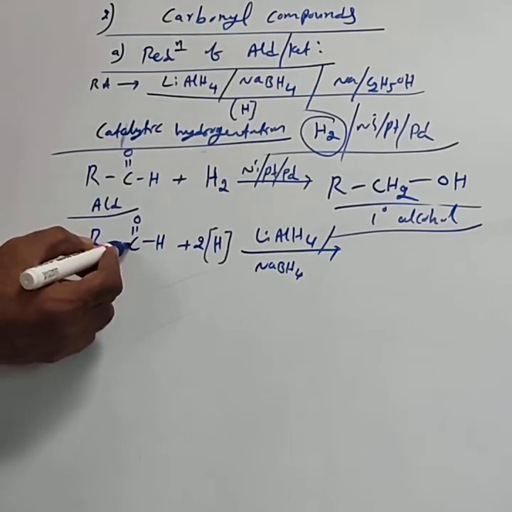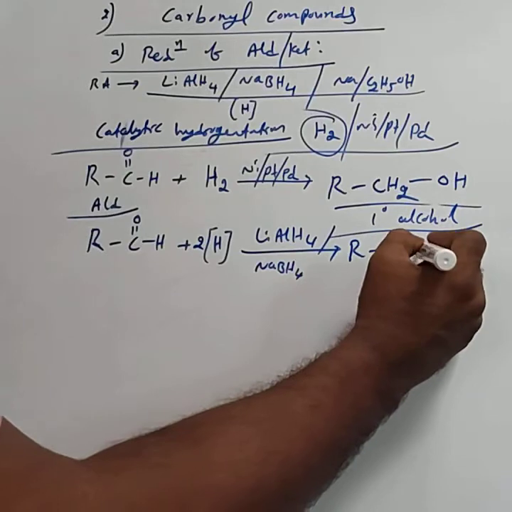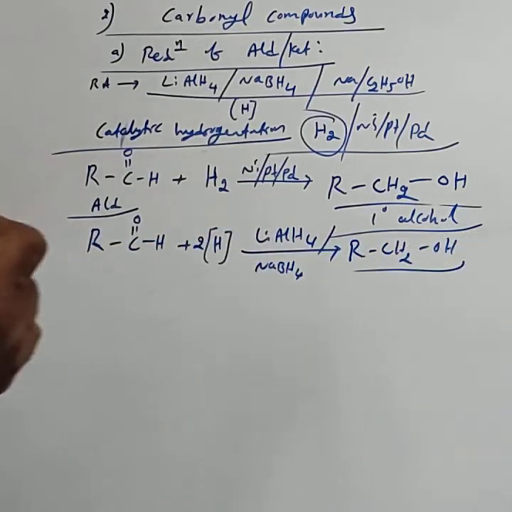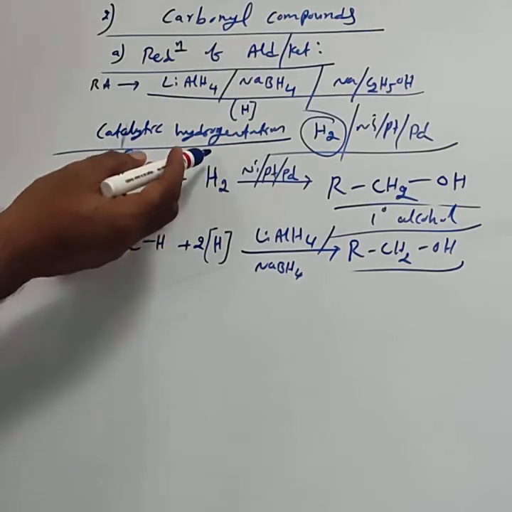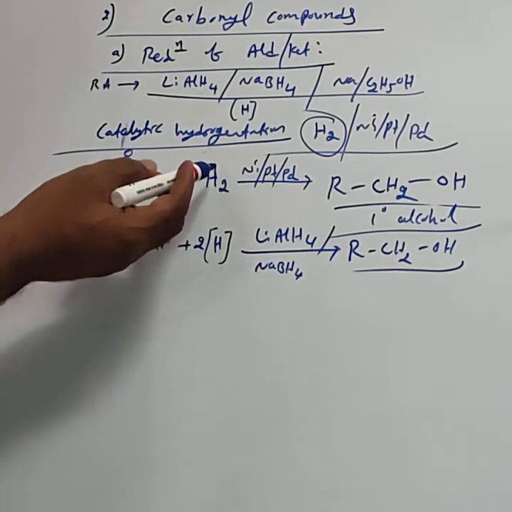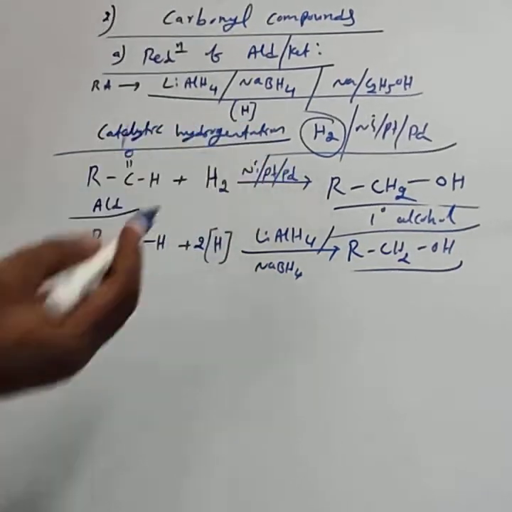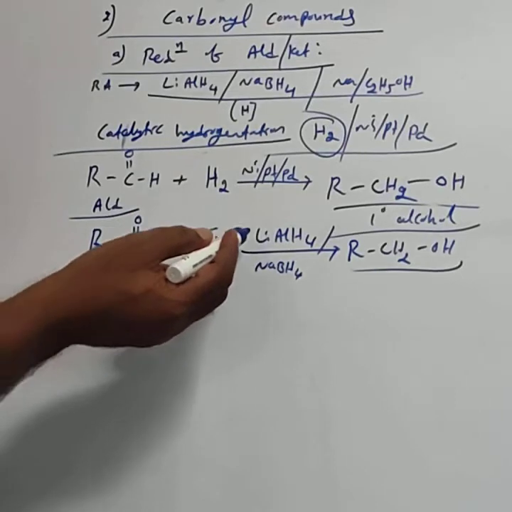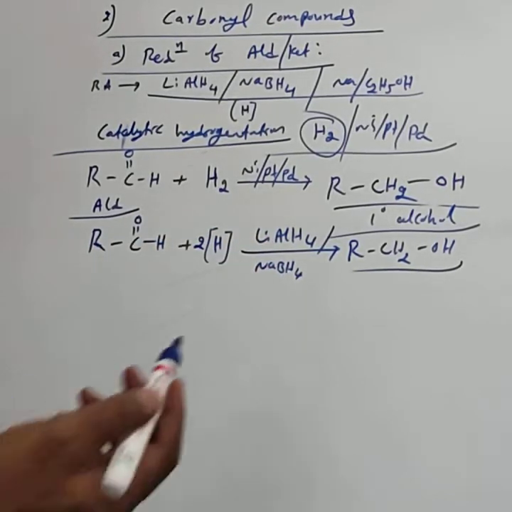Across this double bond, two hydrogens get added to form RCH2OH. This is called a primary alcohol. That is, aldehydes on catalytic hydrogenation or reduction. Catalytic hydrogenation uses nickel, platinum or palladium. Reduction uses lithium aluminum hydride or sodium borohydride.